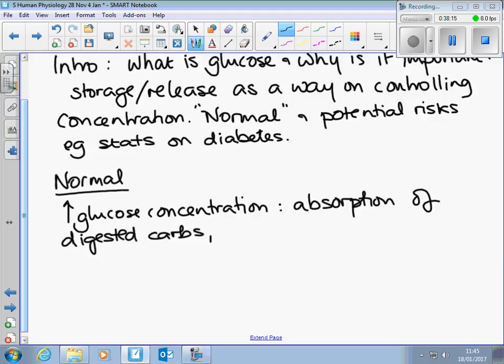Of course, we can break down stored glycogen. Now, the word for that is glycogenolysis. Right, glycogen, lysis. Lysis means splitting, all right, so glycogenolysis. And you can also have the liver making glucose out of anything it can get hold of, basically.